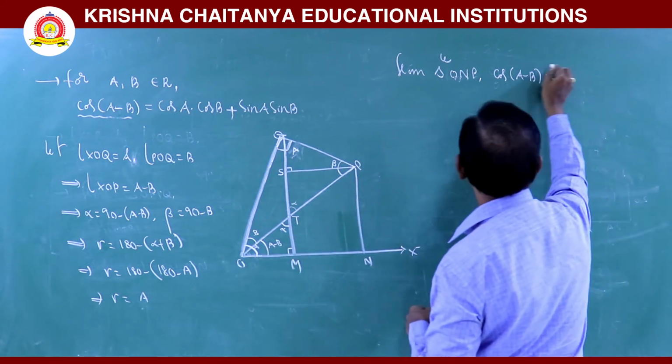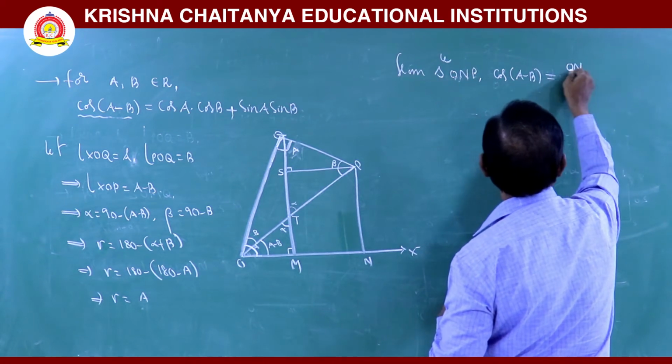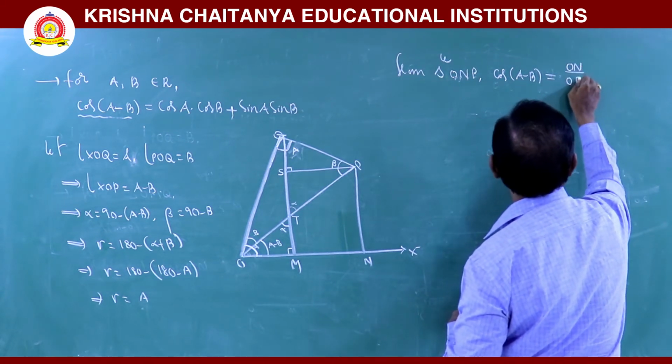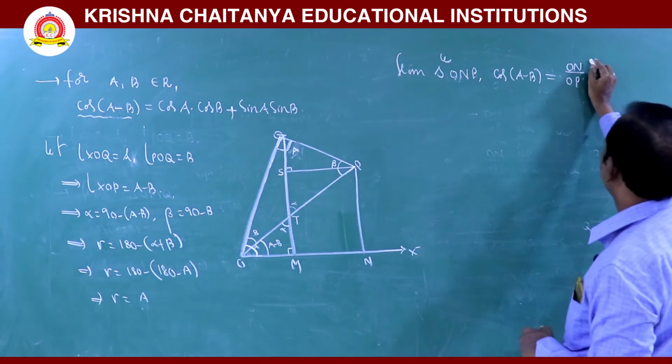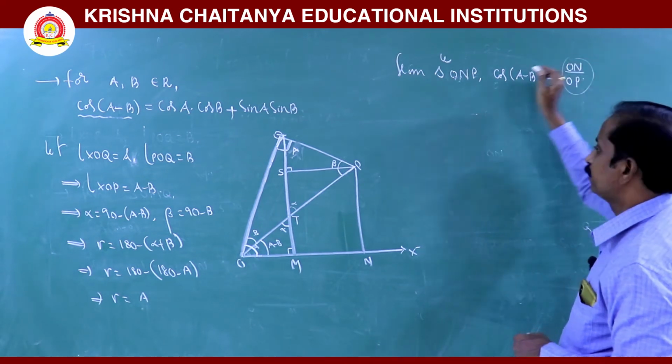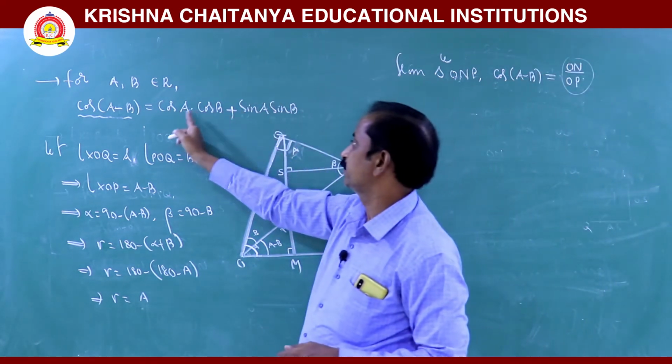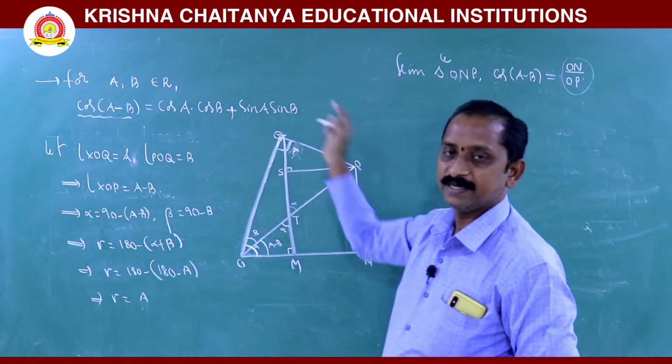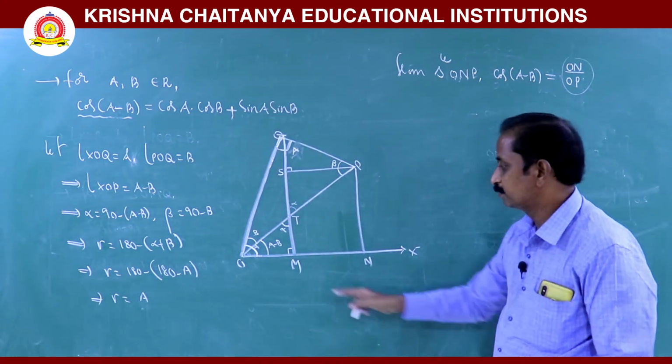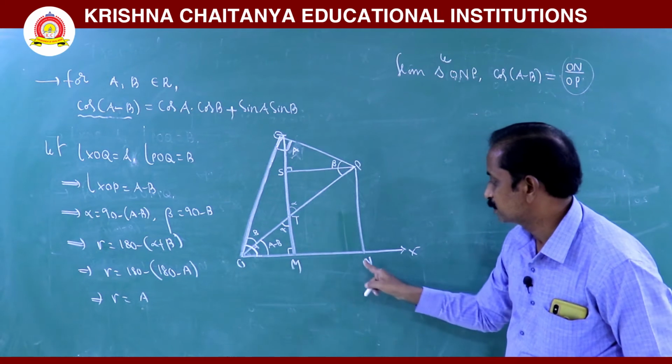So ON by OP. To measure the ON by OP value, it is equal to cos A cos B plus sin A sin B. Observe the ON line segment.